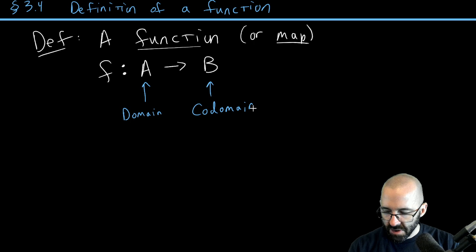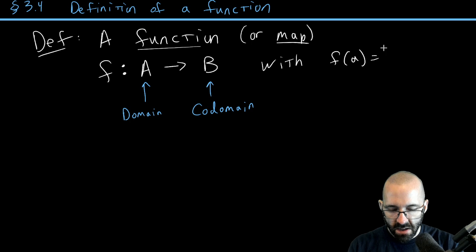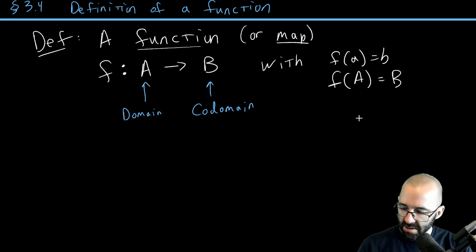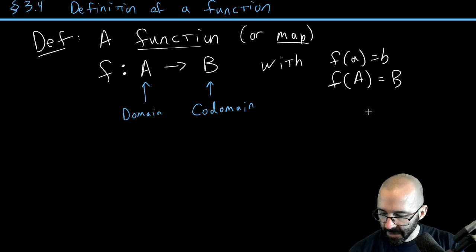All right, so that's the function, and we have f of A is B. You could also write f of A, the image of A, is some set B. So you can do this for elements or sets in this case as well. And these are going to be the images.